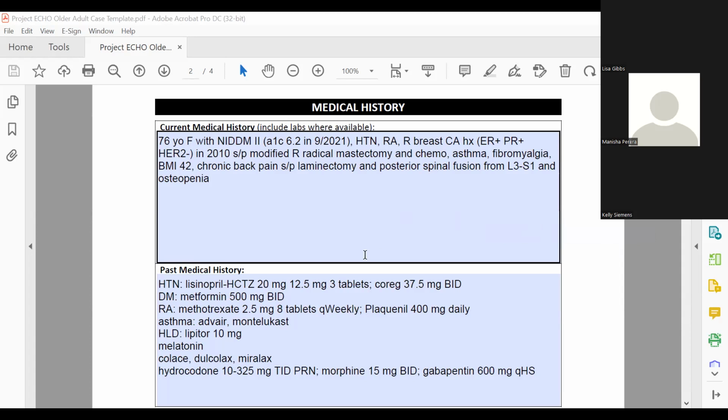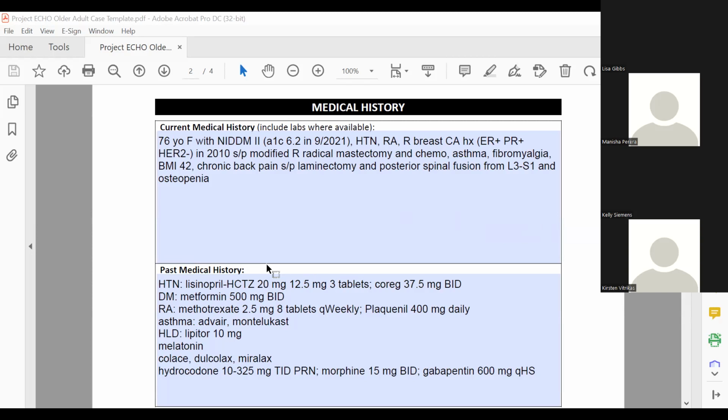She also has well-controlled asthma, fibromyalgia, as well as chronic back pain after back surgery requiring chronic opioid treatment, as well as osteopenia, as well as obesity with BMI of 42.